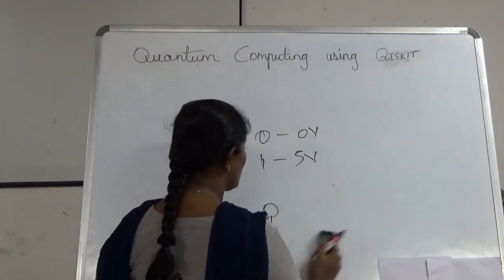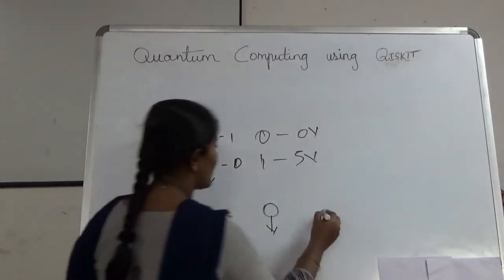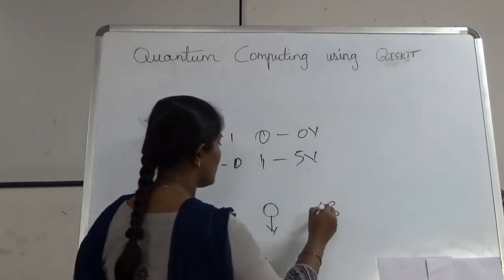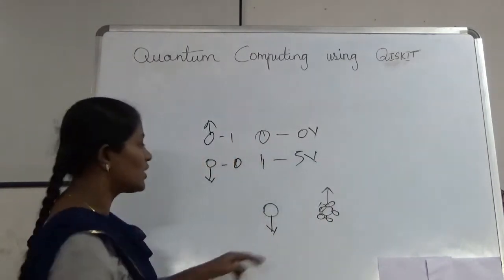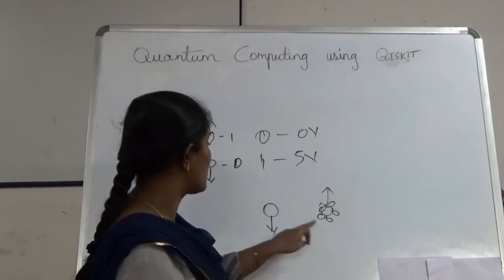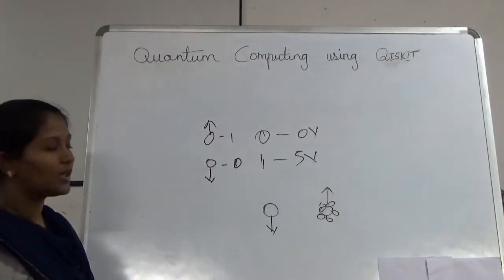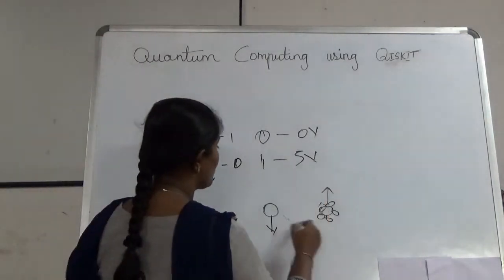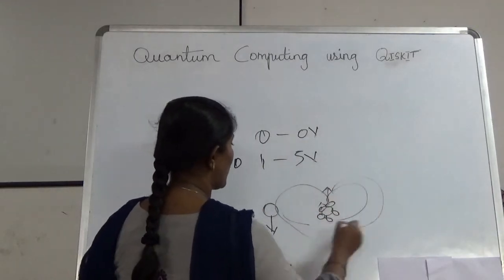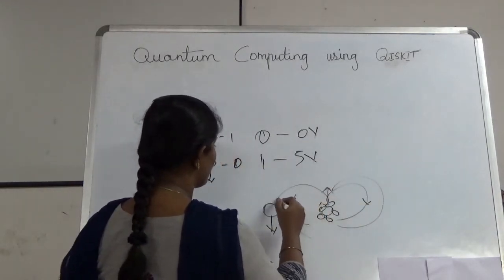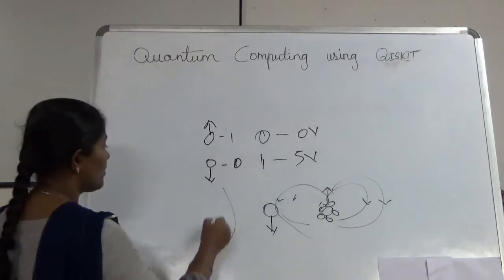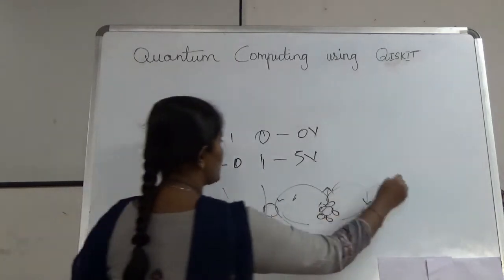We also use the nucleus of the phosphorus atom. Using the spin of the nucleus of the phosphorus atom, we can also measure this spin because it produces the internal magnetic field, and the external magnetic field is produced by the superconductors.